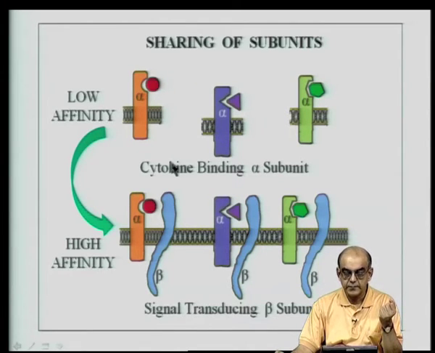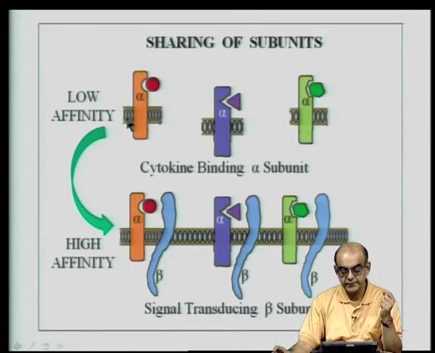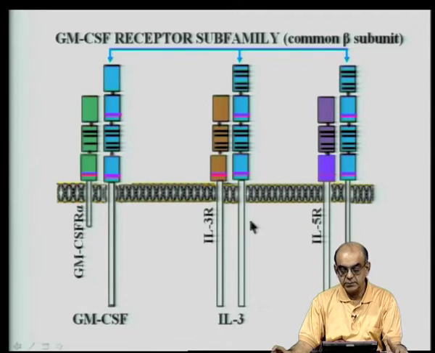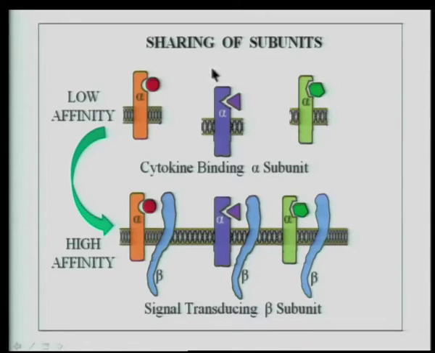For example, they have an alpha subunit or an alpha chain that can bind to its specific cytokine by itself. This binding, as you can see over here in these 3 particular cases, signifying the same 3 receptors that you see in the previous slide for GM-CSF, IL-3 and IL-5, designated here in different symbols, circle, triangle, and a kind of trapezium.